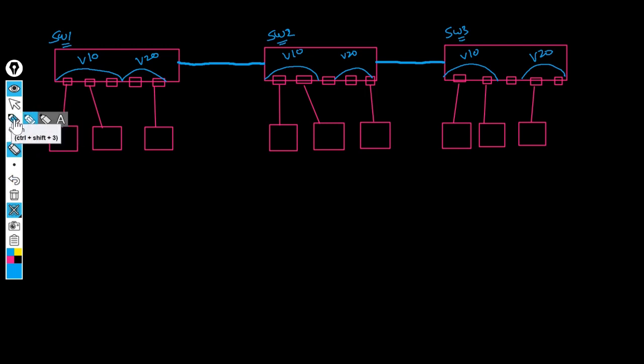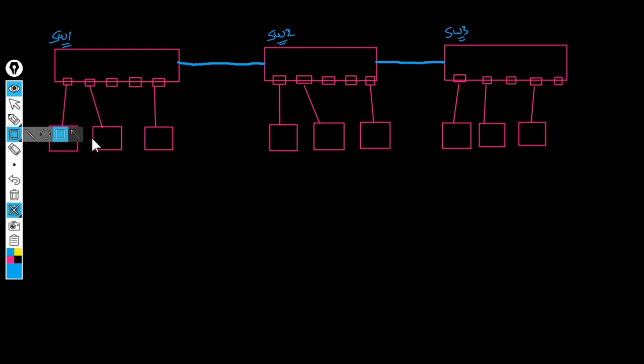I will do the needful. First of all, I will delete all the things from here, delete this all completely. I will take one more switch here, and the switch has ports, and I will connect this switch port from here to here itself.